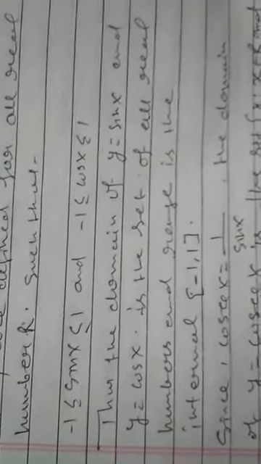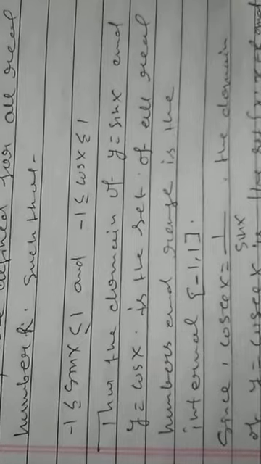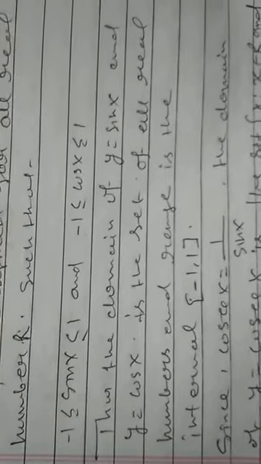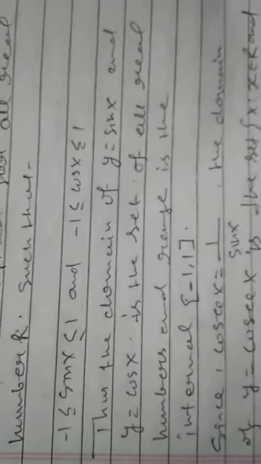So for y equal to sine x and y equal to cos x, the domain of these trigonometric functions is all real numbers, and the range is the closed interval -1 to 1.